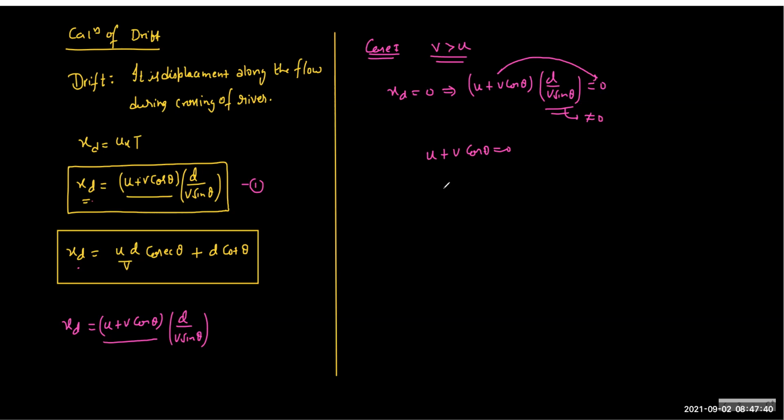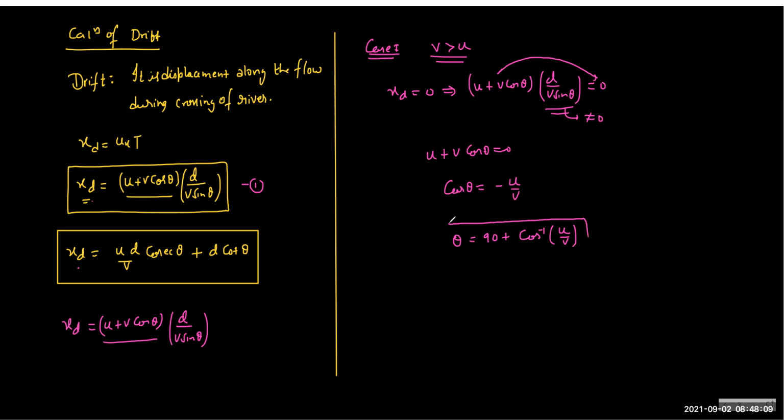And therefore cos theta is equal to minus u by v, as expected. And because cos is negative, theta must be in the second quadrant. So theta we can write as 90 plus cos inverse u by v.